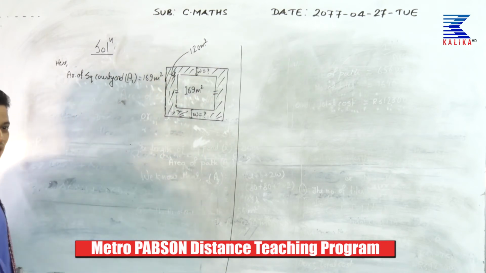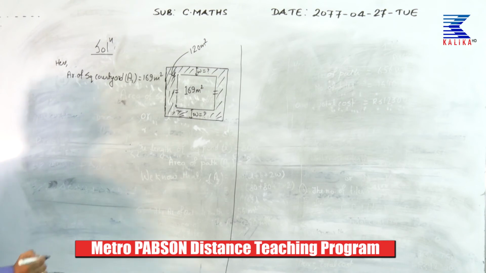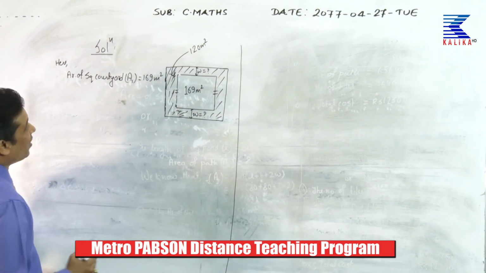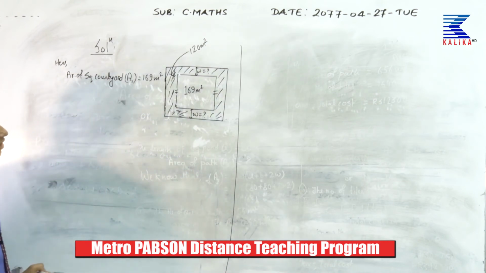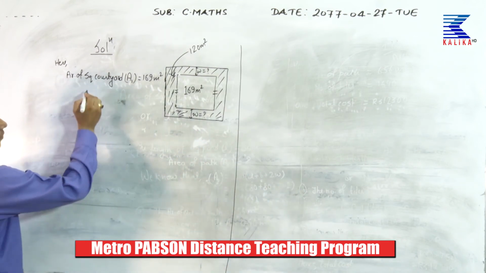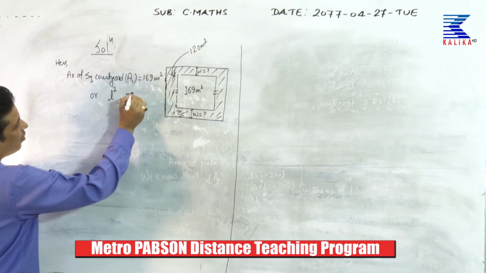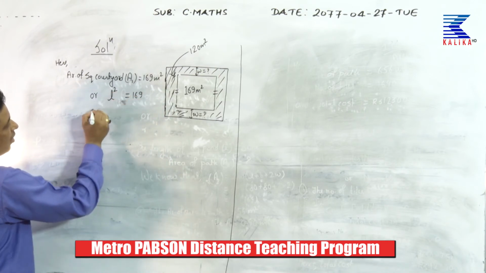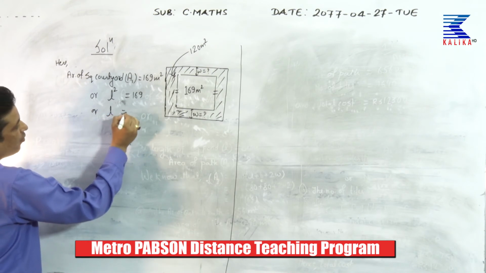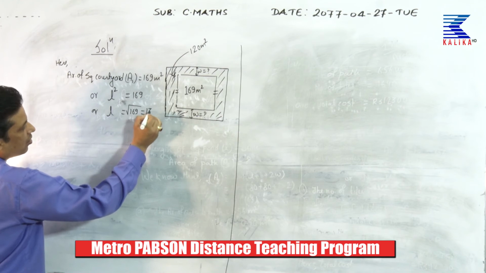That is the slogan for mensuration, you must remember. Area of square courtyard is given, so we use its formula: L square is equal to 169, or L is equal to square root of 169, it comes 13 meter.